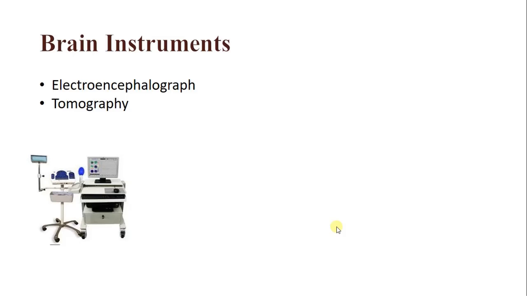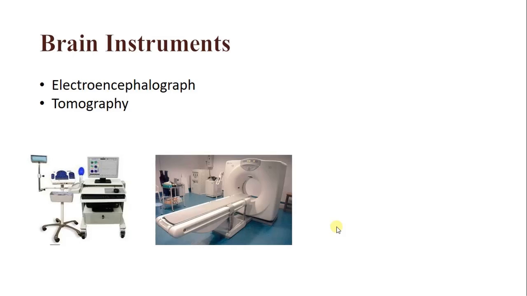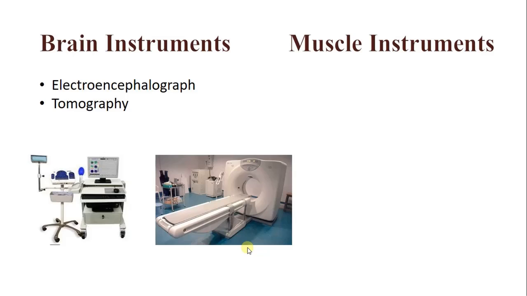Now let's see the brain instruments. Brain instruments include your EEG, electroencephalograph, the tomography, that is CT scan. You can see in the figure, the first figure shows you the ECG monitor, and the second one is the tomography, the CT scan setup. Related to muscles, we have muscles instruments. The first category includes the electromyograph, which is the recording of activity of the muscles.